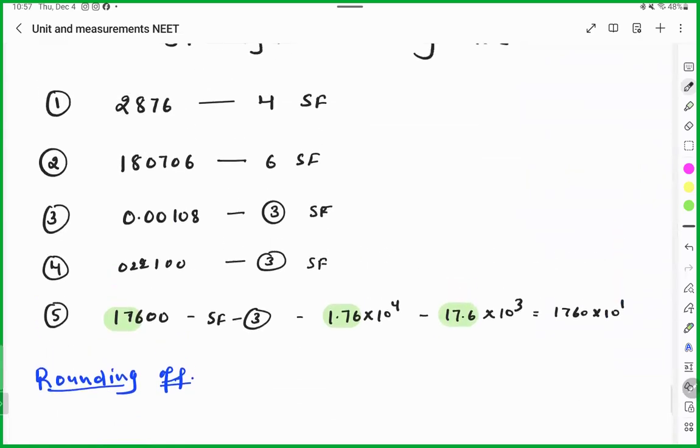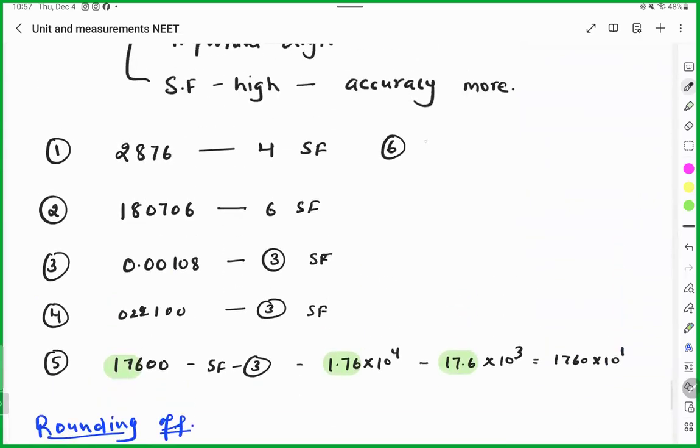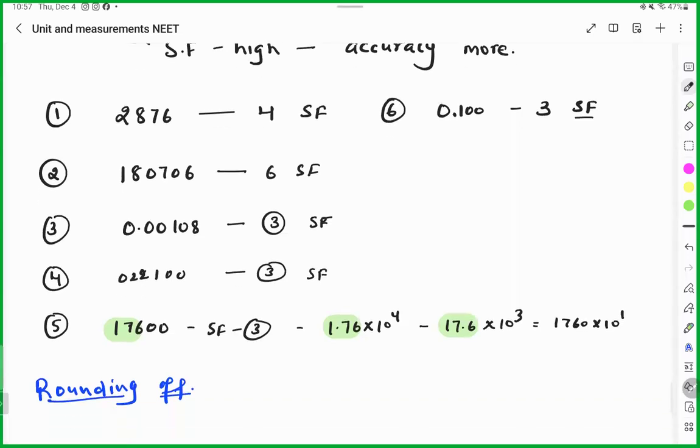After decimal, 0s are significant figures. I will add this. If you write 0.100, in this case significant figures will be 3. Good point. So we mentioned this also. Any doubt? After a point, all the 0s are considered significant figures. Yes, sir.